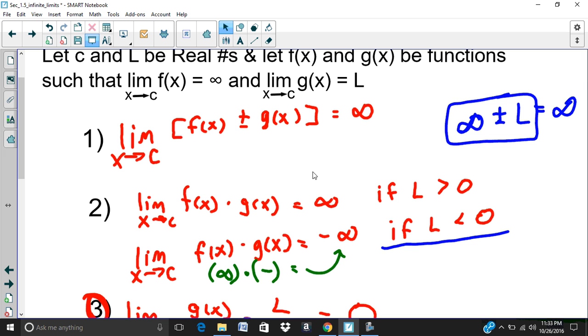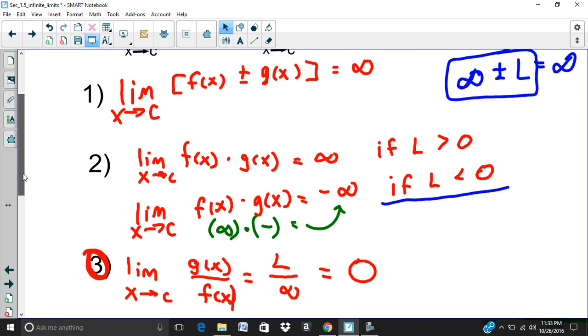Multiplying by a value doesn't change the fact that it's a ginormous number that's so indescribable that we give it a sideways 8 to represent it. And so this works out to be positive infinity as long as this value of L is positive. If it's negative, then the positive times a negative comes into play and we get negative infinity.